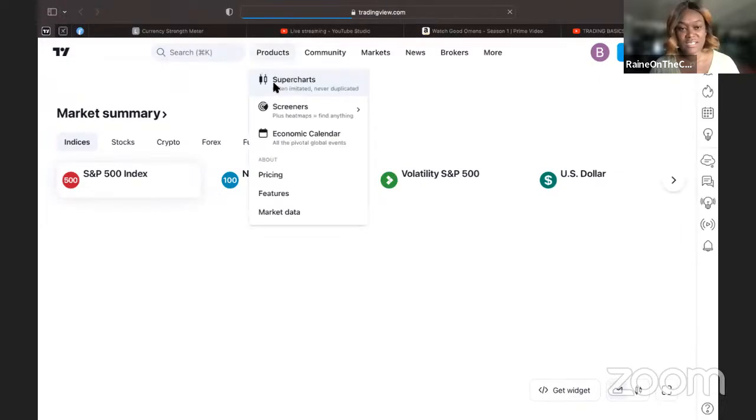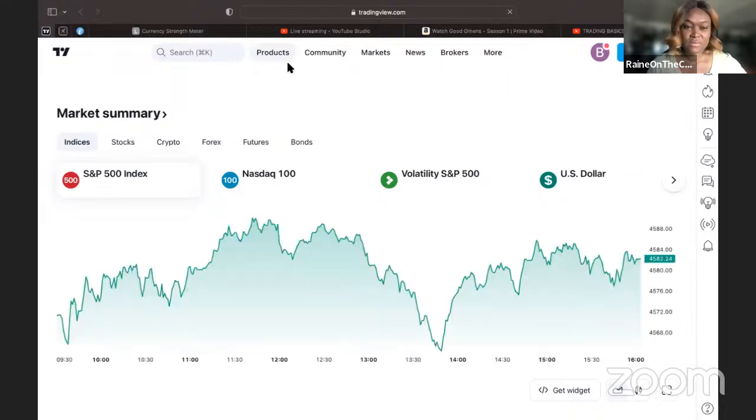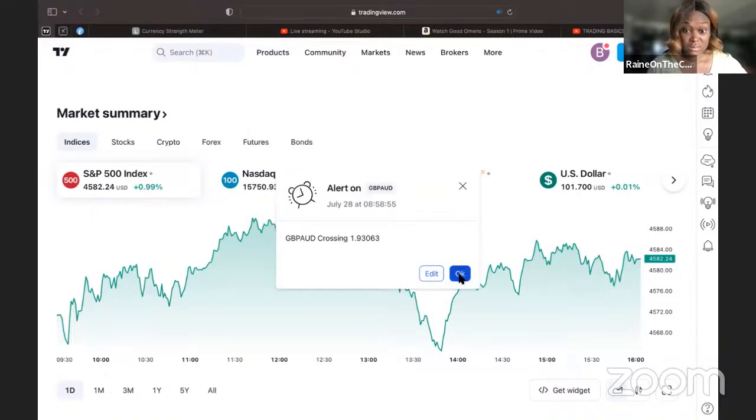Why is this thing taking forever? Hold on. I'm trying to select charts. I need to reload the page. It's playing with me. Okay.